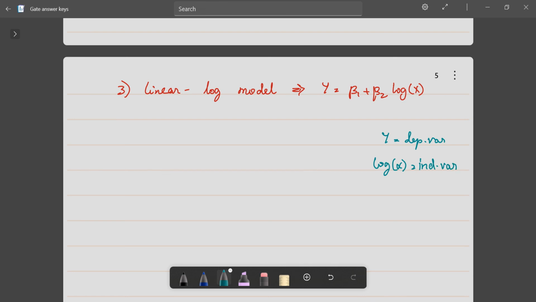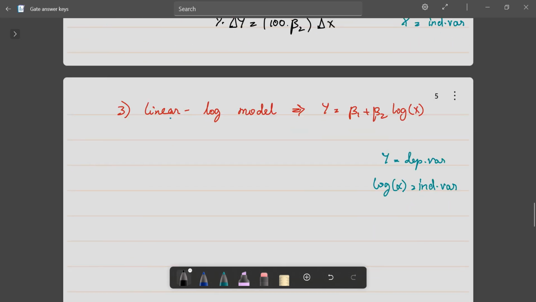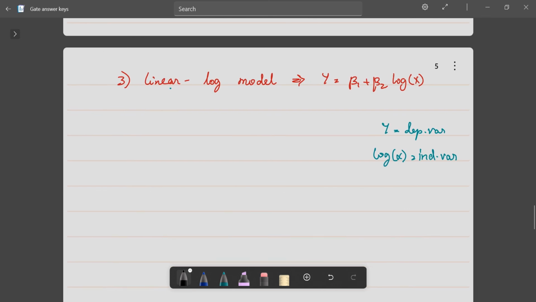You can clearly see the dependent variable y is in the linear form and the independent variable x is in the logarithmic form, so it is called linear log model. And how the change is calculated here is change in y is equal to beta 2 divided by 100 into percentage change in x. That means 1% change in x leads to beta 2 divided by 100 unit change in y.